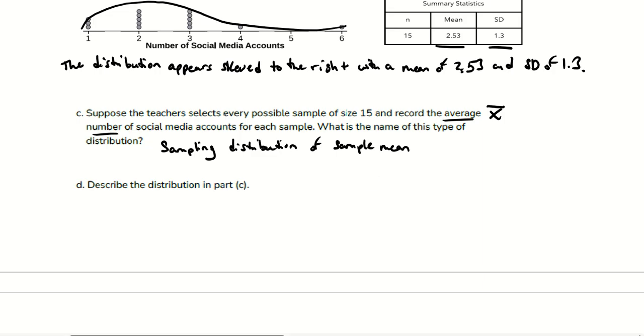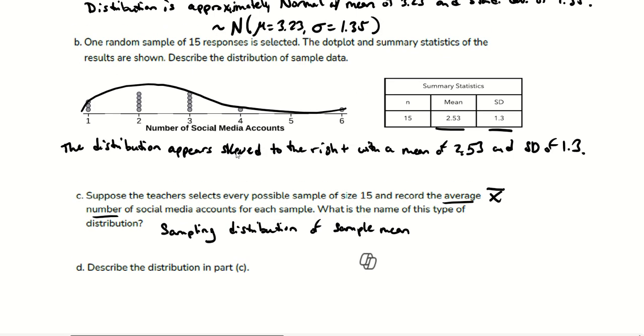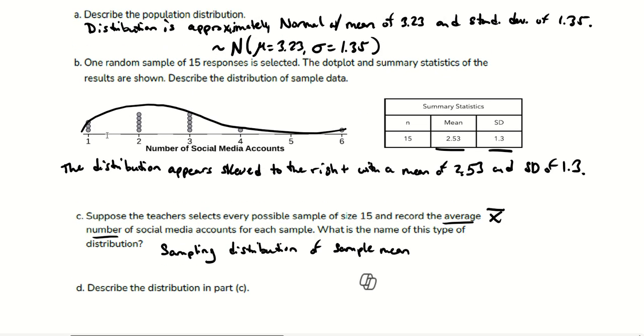All right. Describe the distribution in part C. What would the distribution look like? What we want to notice is that the data in part B is an approximate sampling distribution, not the exact one, because they don't have all possible samples of size 15.